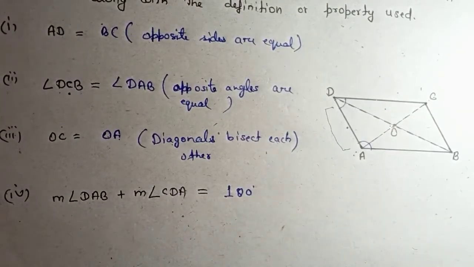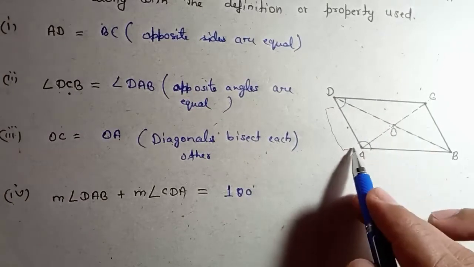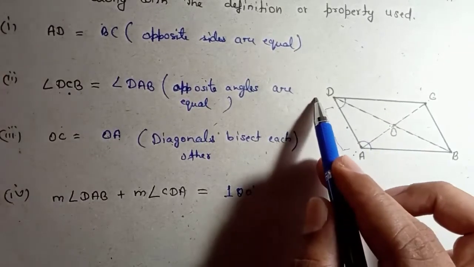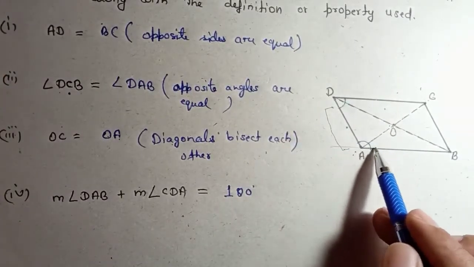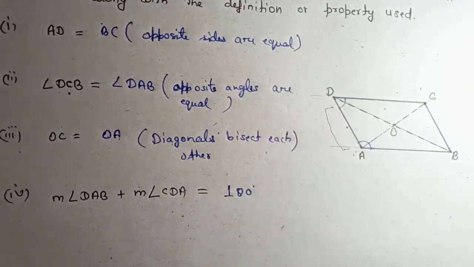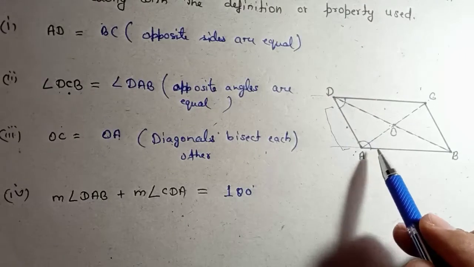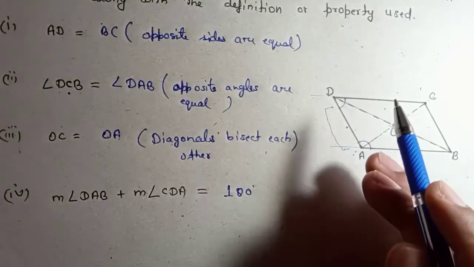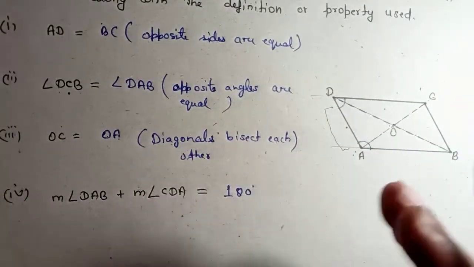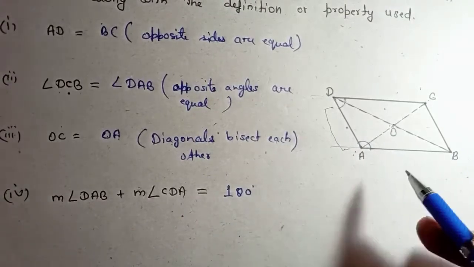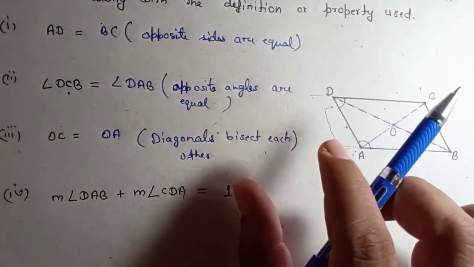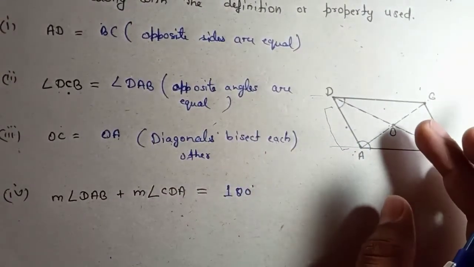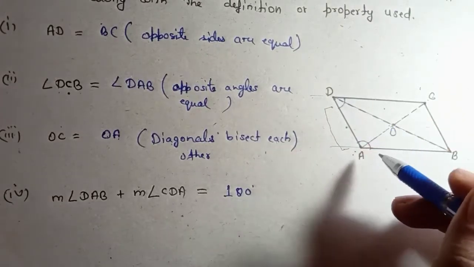Or you have another reason, that these two lines are parallel. See, this is DC. If you extend DC and AB, and this is the transversal line, and these two angles are the angles which lie on the same side of the transversal. They are interior angles too. And you know what, sum of interior angles on the same side of the transversal is equal to 180.